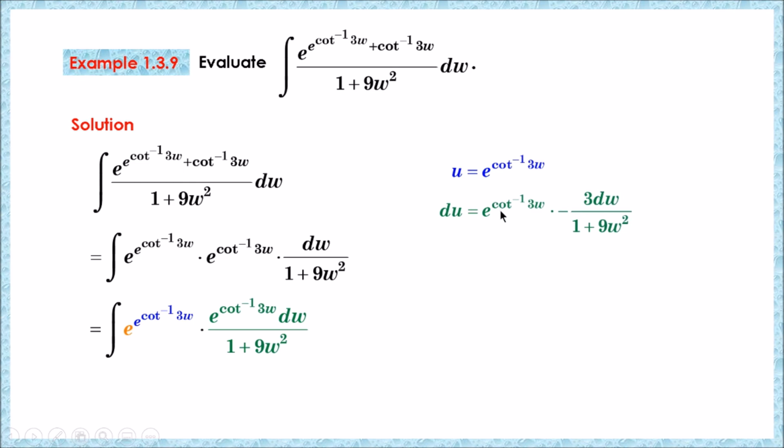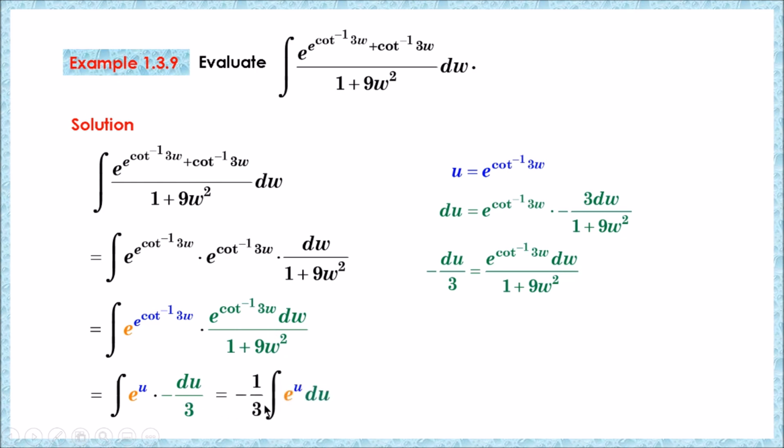Its du is e^(arccot 3w) times the derivative of arccot 3w, which is negative 3 dw over 1 + 9w^2. Let us apply simple u substitution. Solving for e^(arccot 3w) dw over 1 + 9w^2, we have negative du over 3. So this integral now is equal to the integral of e^u, and this differential is negative du over 3.